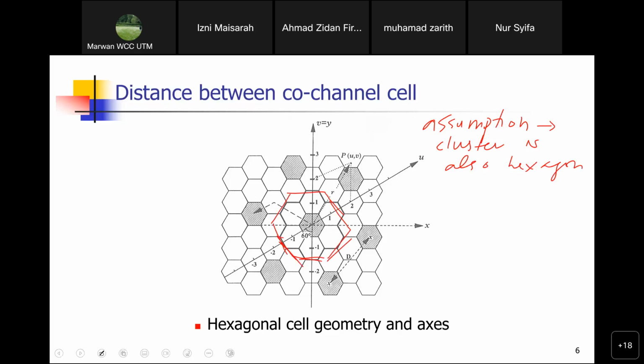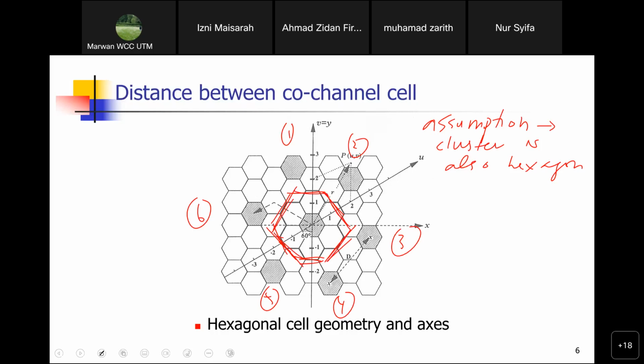So when you assume the cluster is a hexagon, what does it mean? A hexagon has 6 sides: 1, 2, 3, 4, 5, 6. So there are 6 co-channel cells around our cell, because we approximate our cluster to be a hexagon. So in our analysis, there are 6 co-channel cells around us.